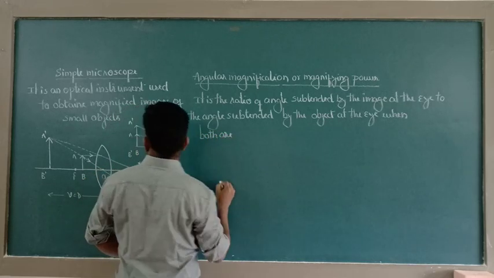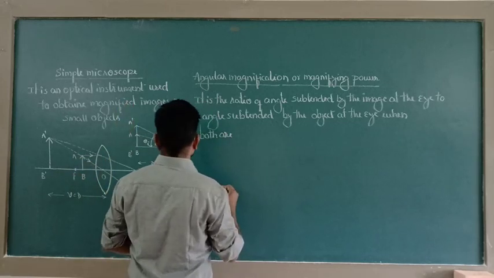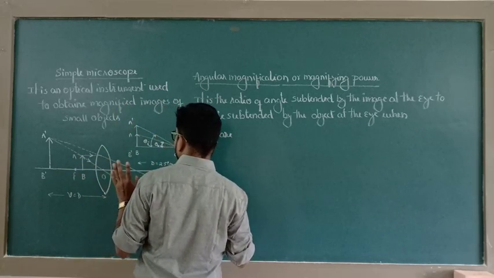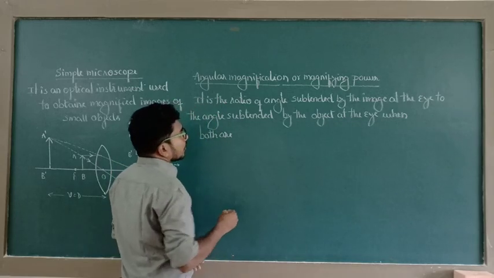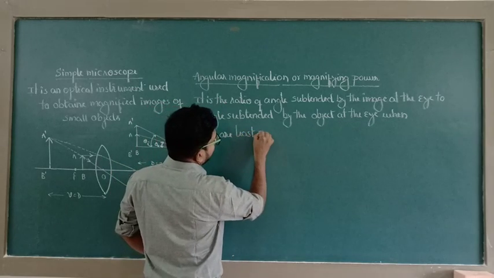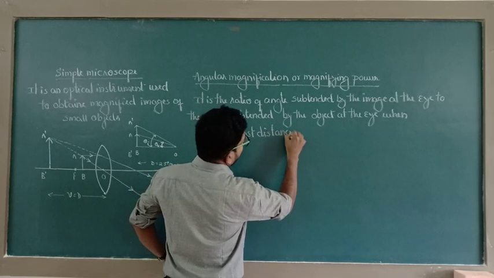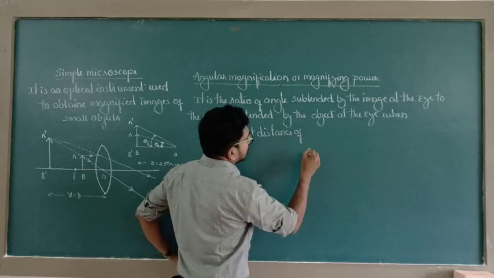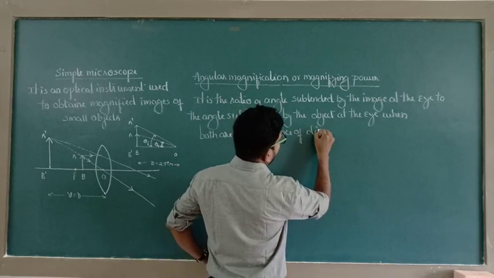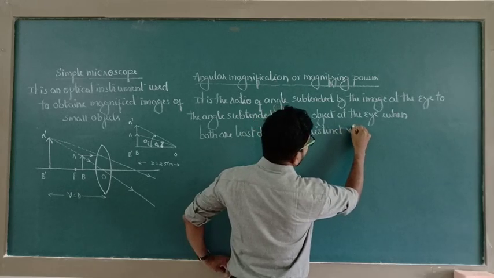Both are at the same distance means here we have considered both are at the least distance of distinct vision, because we know that the distance is the least distance of distinct vision.